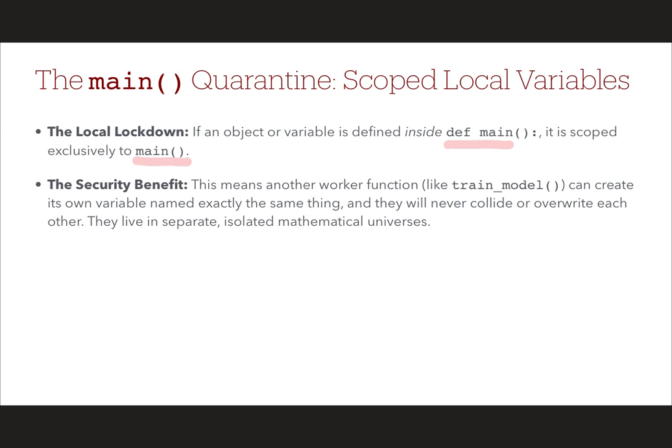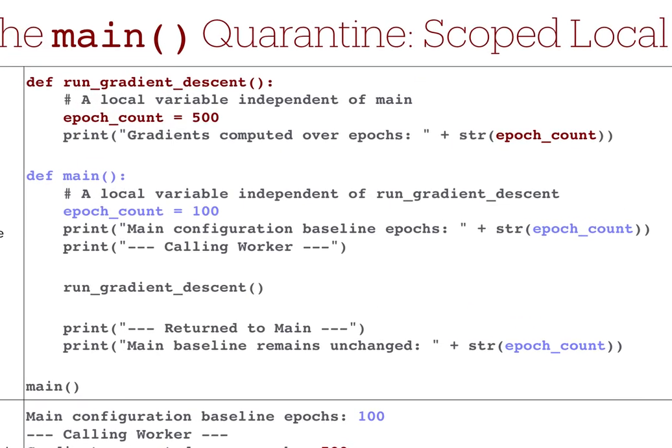If some function, say train model, has a certain variable in it, and then if you try to access that variable outside of the train model function, then we have a problem.